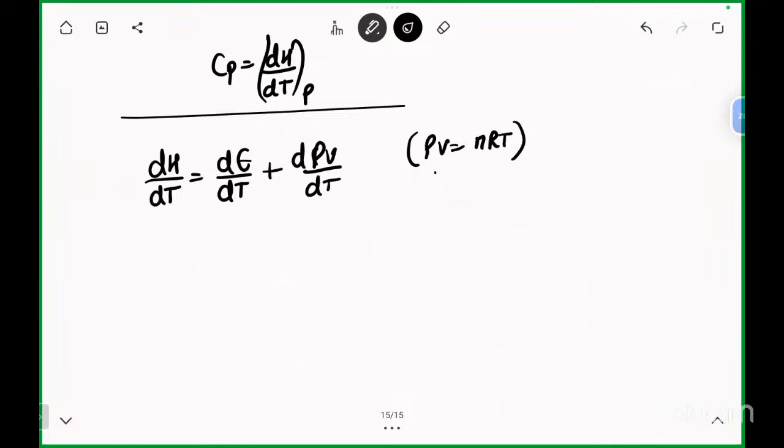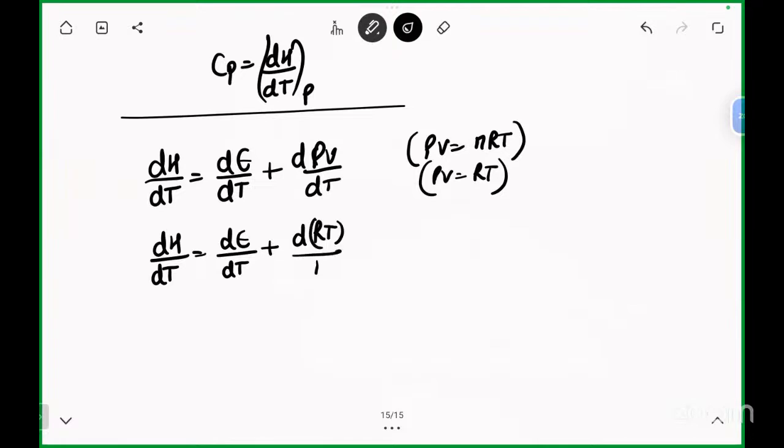So instead of PV, we can write RT. So dH over dT equals dE over dT plus d(RT) over dT. Here dT upon dT will cancel out, and we get R. So dH over dT equals dE over dT plus R.